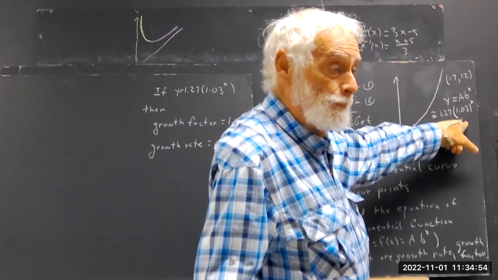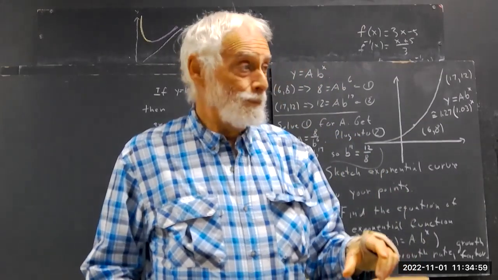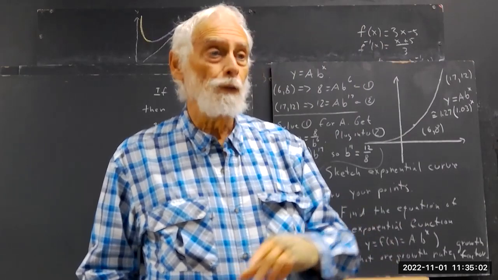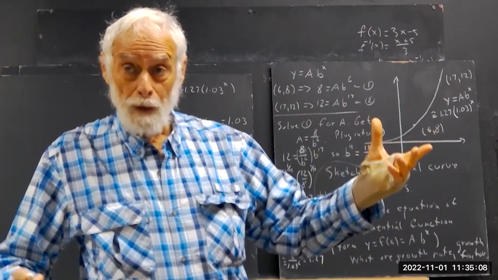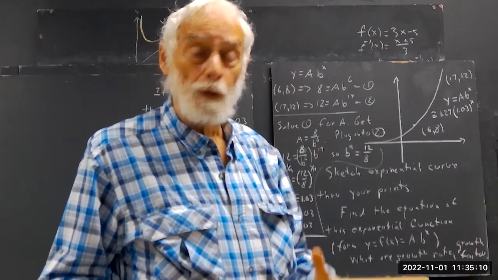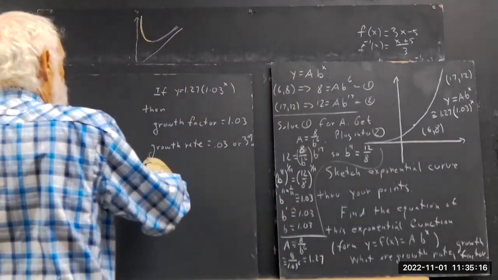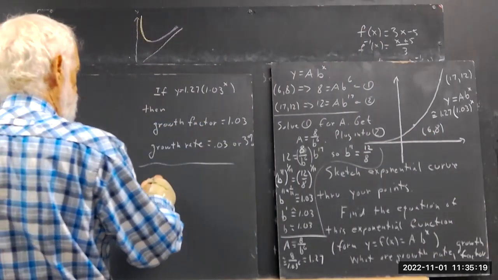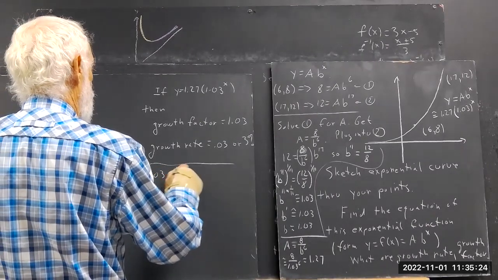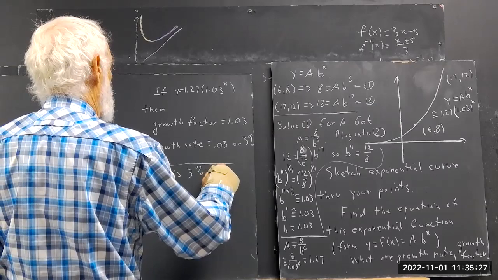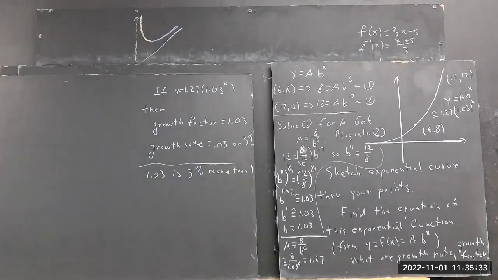This would say then, if every year you multiply how much money you have by 1.03, well, 1.03 is 3% more than 1, right? So if you multiply by 1.03, you're increasing your amount by 3%. So let's make sense out of this. 1.03 is 3% more than 1.